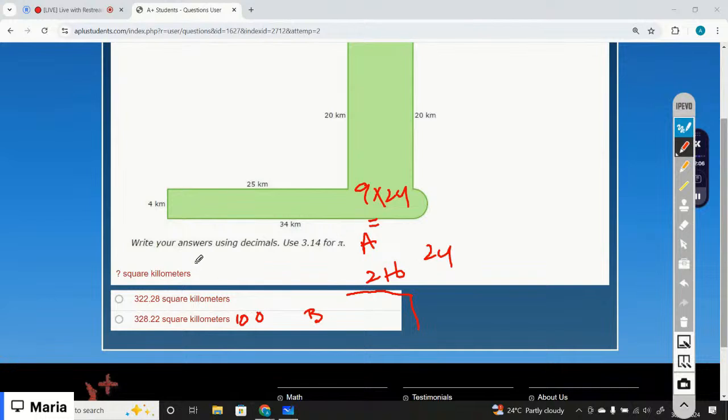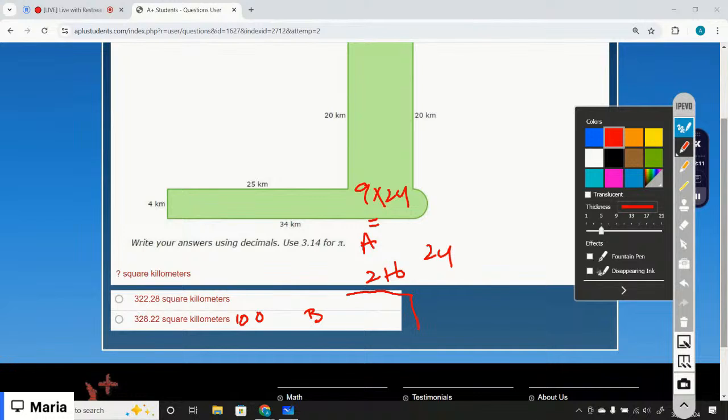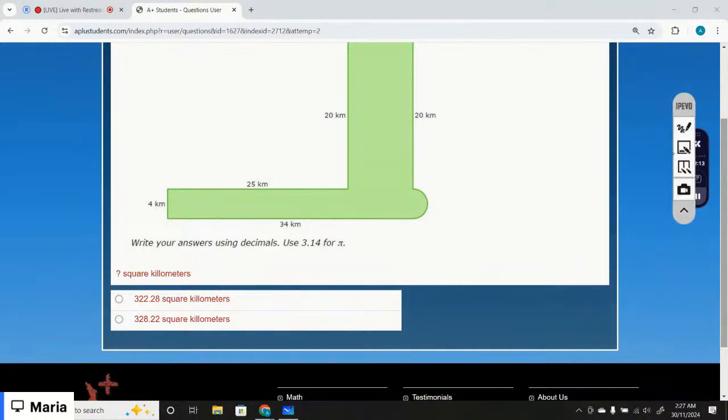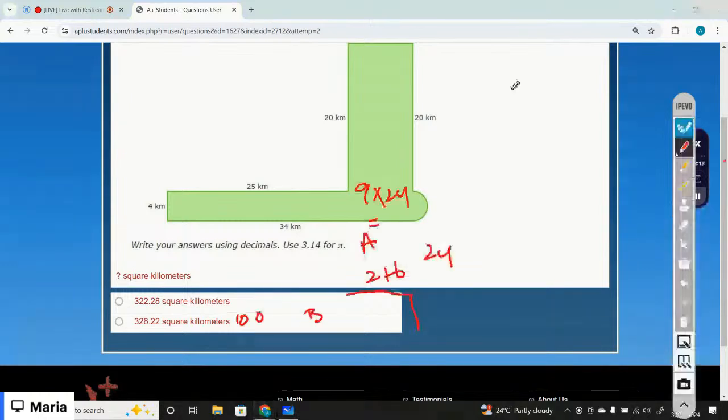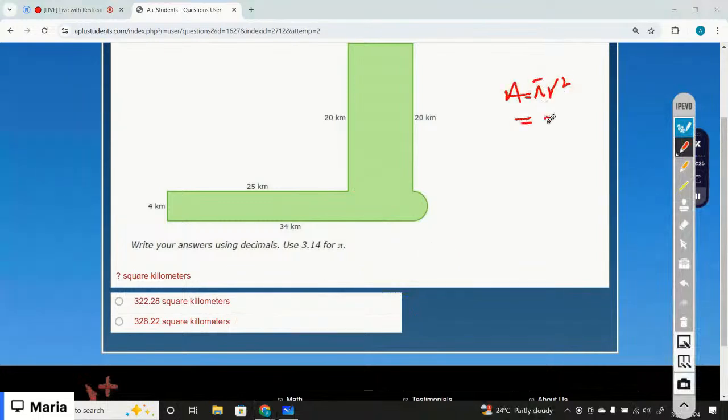So you just have to add all the areas, right? Area of the semicircle is pi r square, right? The pi is 3.14. The radius is 4 square.